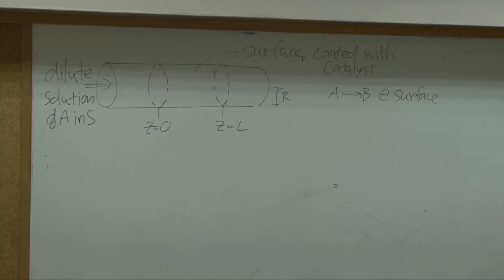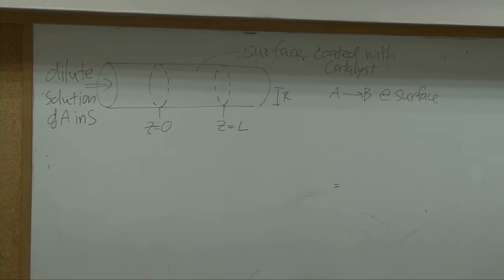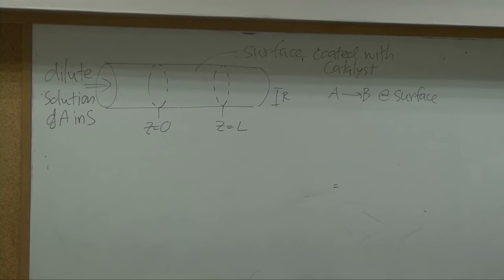So we have Z momentum, and Z momentum is a function of R. Z momentum is transferring in the R direction. Okay? Z momentum is also transferring in the Z direction, right? Do we have Z momentum transfer in the Z direction?